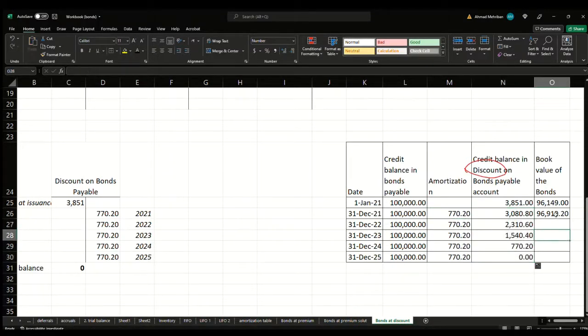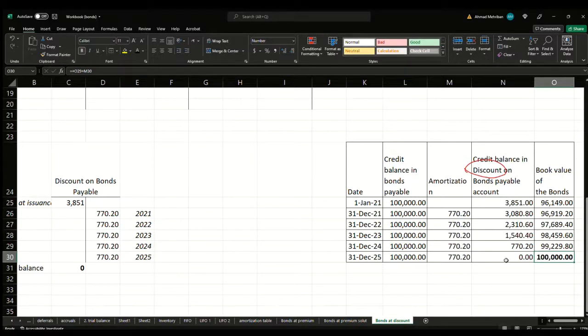And we can also just drag the formula down, and we are going to have pretty much accurate information. So by the end of the fifth year, the book value of our bonds payable is going to go up to $100,000, and this is how the amortization on bonds issued at discount works.